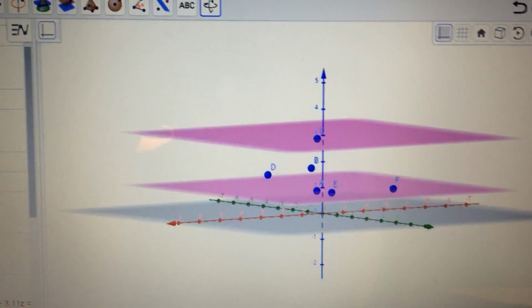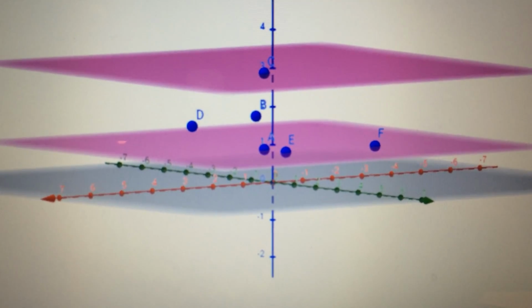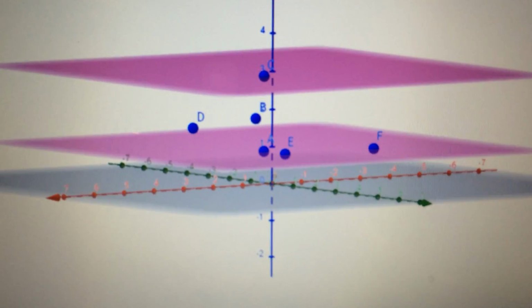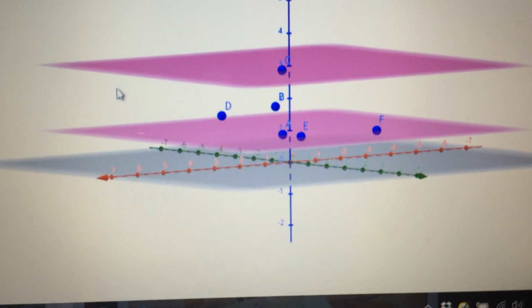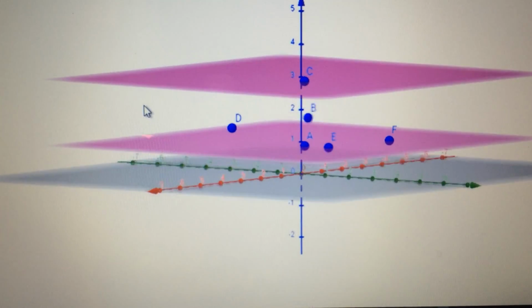So while we do see that the planes hit the z axis, between the surfaces of either of these pink parallel planes, there is no z being applied that is different from the z that we have.